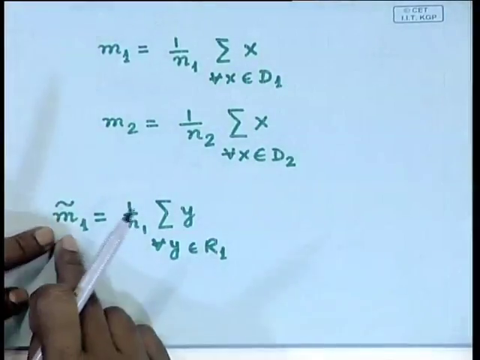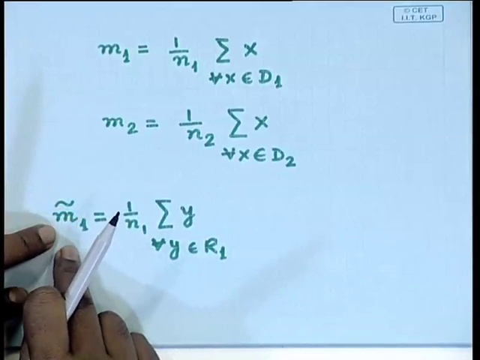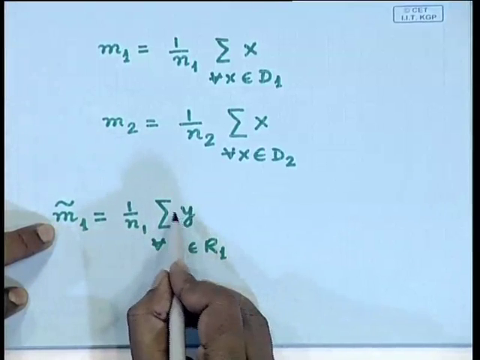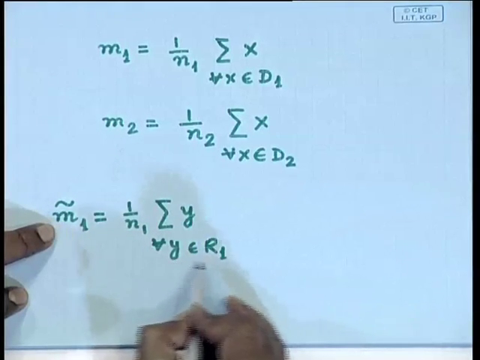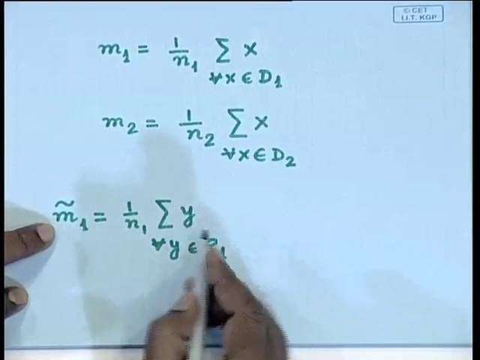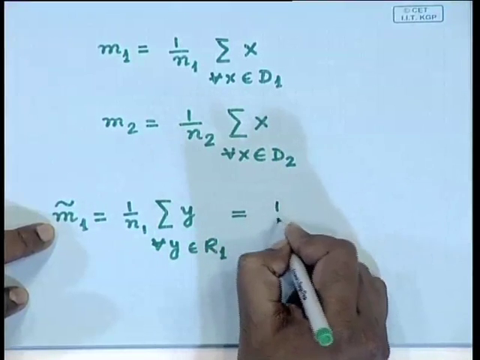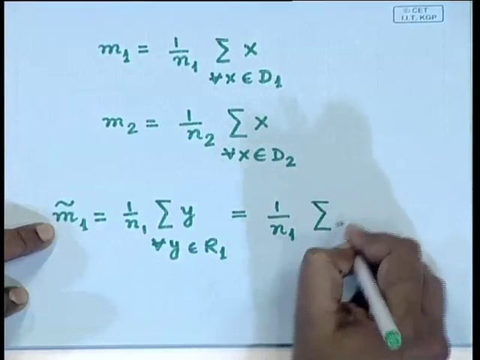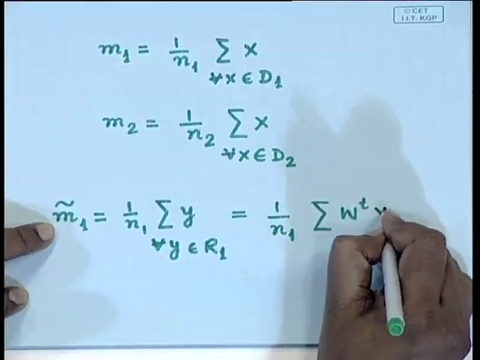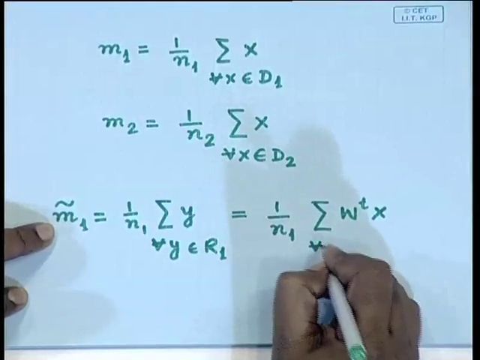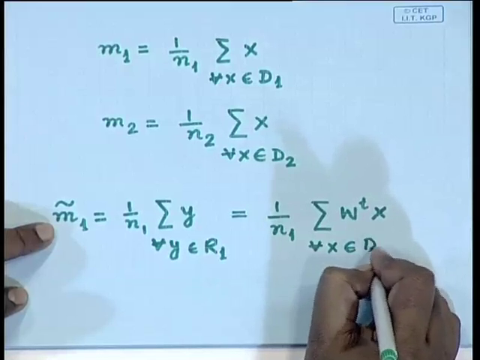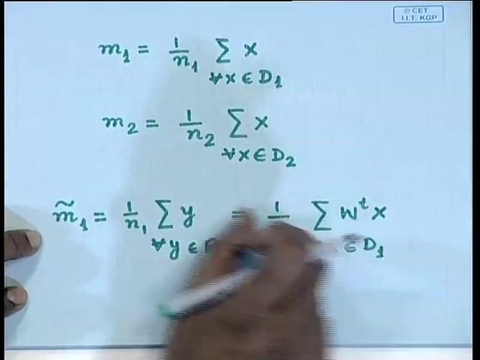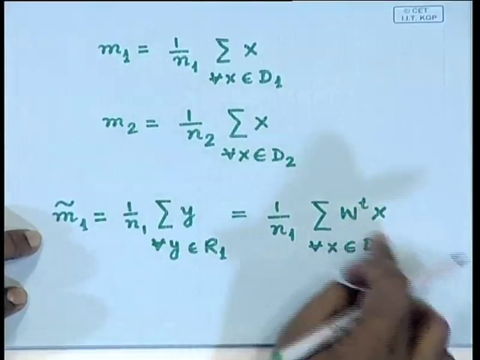So, here this M_1 tilde, which is the projected mean, is nothing but 1 upon n_1 times the sum of y for all y belonging to class R_1. And this is nothing but 1 upon n_1 times the summation of W transpose x for all x belonging to set D_1. I can take this W transpose out of the summation because it does not depend upon the samples.